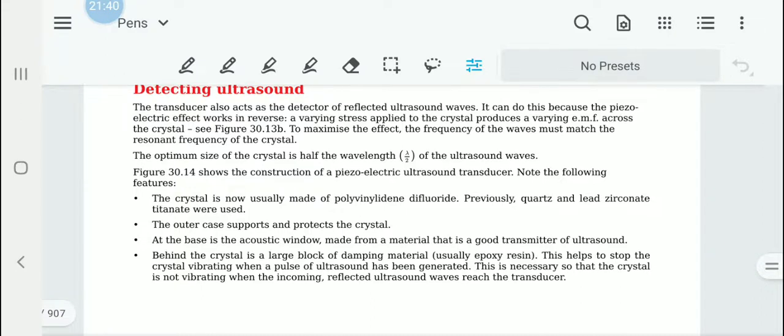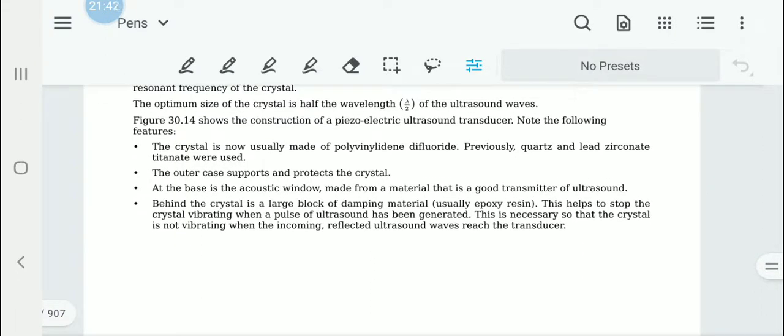The crystal is now made of polyvinylidene difluoride. Earlier, quartz and lead zirconate titanate were used. That is no longer used. Now, most of the time, it is polyvinylidene difluoride.